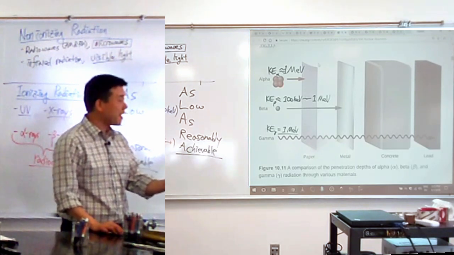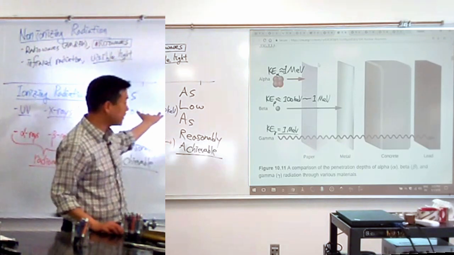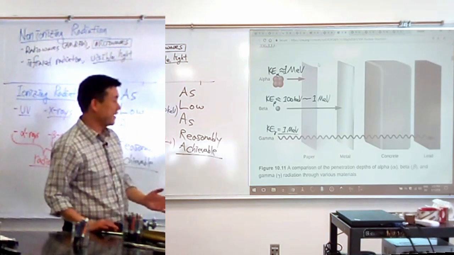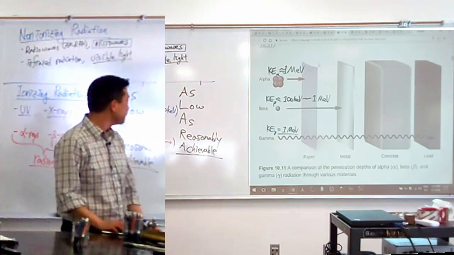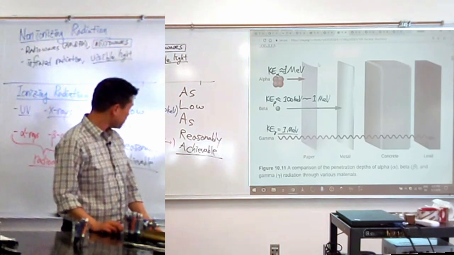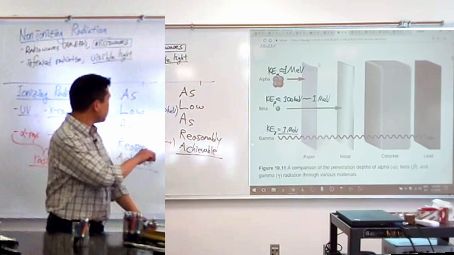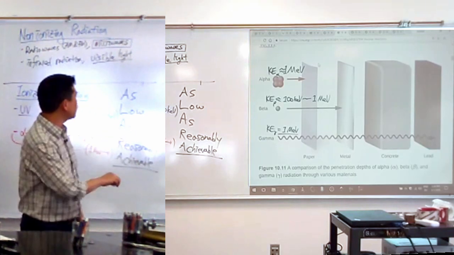And if you have to reduce it by a factor of 1,000, then you need inches, feet of lead instead of just a centimeter. So that's how these particles are characterized.